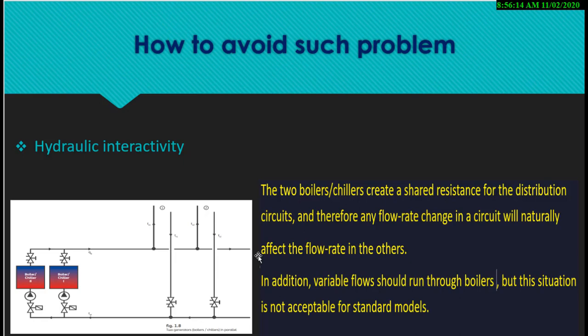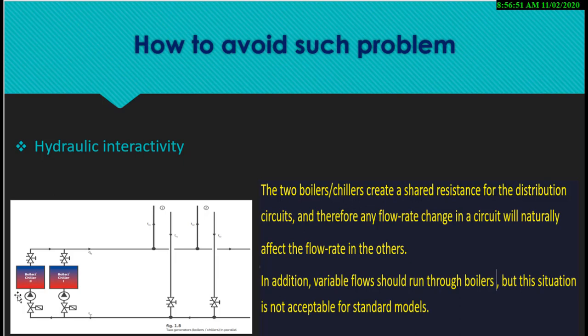This problem can be avoided first by addressing hydraulic interactivity. Hydraulic interactivity occurs between multiple parallel units that share a common resistance, like these two chillers here, or boilers. They are sharing this point and this point. This point has the same resistance for this chiller and this chiller.